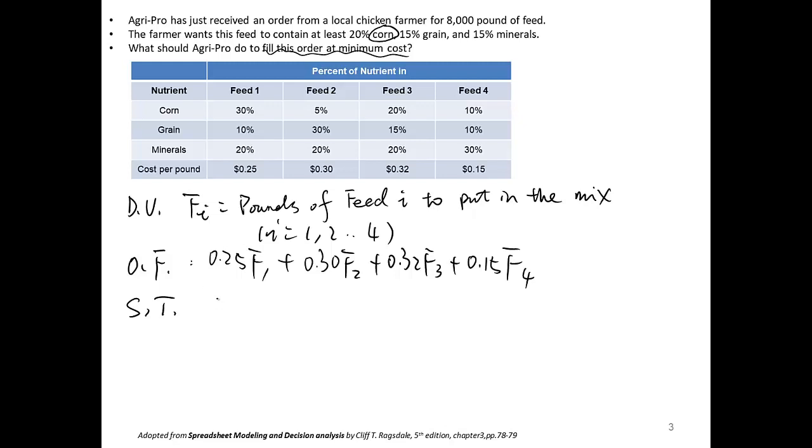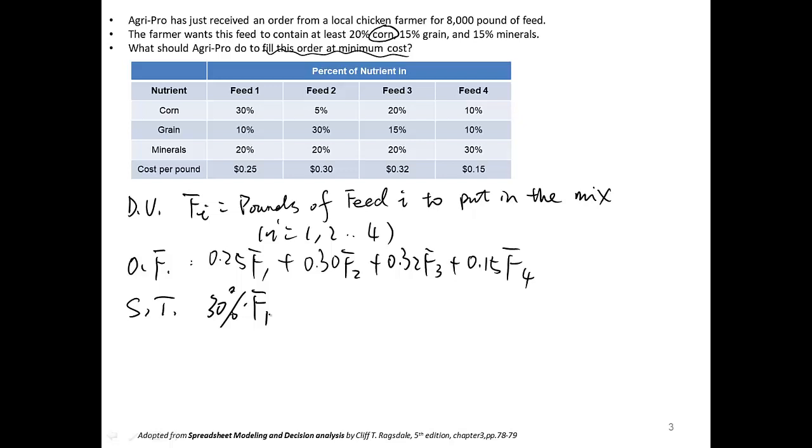Okay, so let me use percentages. So 30% of feed 1. If your F1 is 100 pounds, then 100 pounds of your feed 1 will include 30 pounds of corn. Okay, and that's how we represent it here.